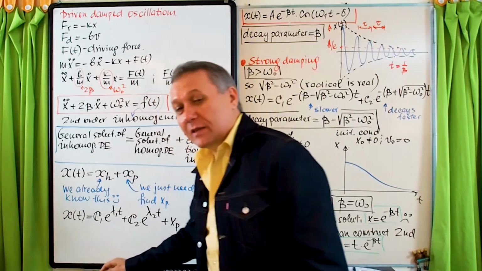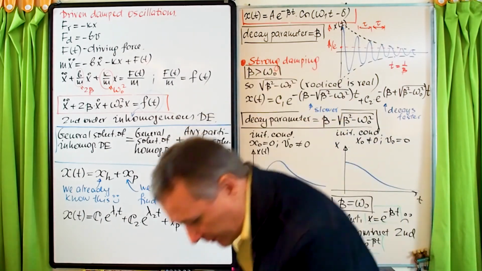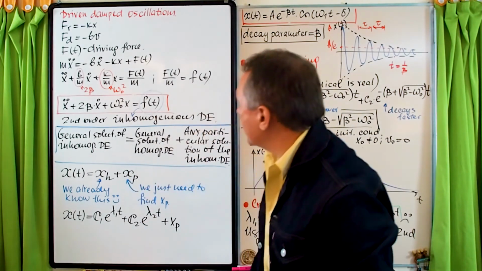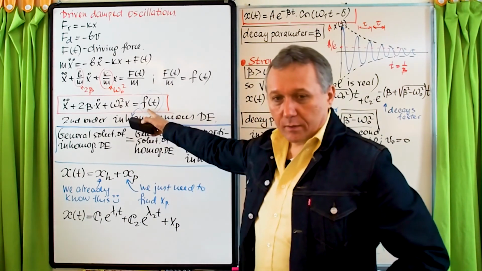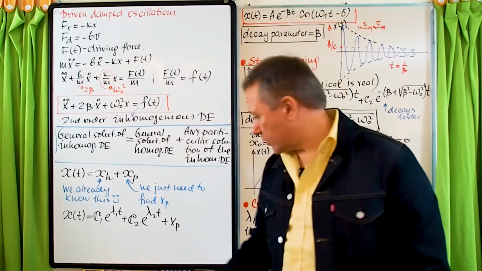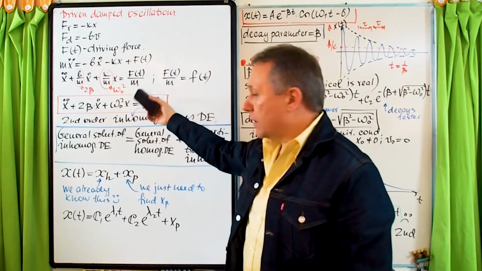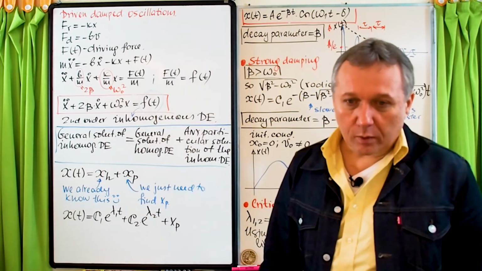So let's assume the most pleasant case, and actually quite ubiquitous: f varies harmonically with time. I used a cosine function, so let's assume that f is proportional to cosine omega t.